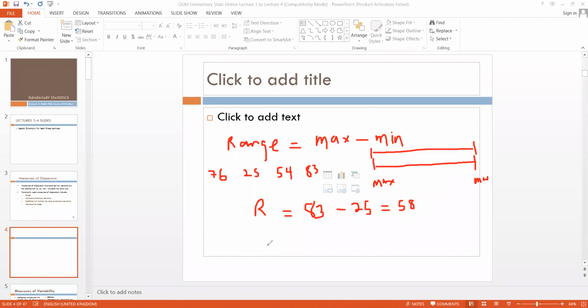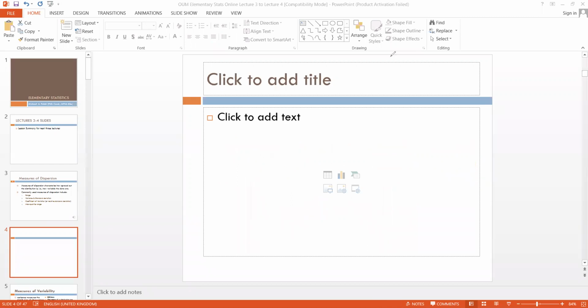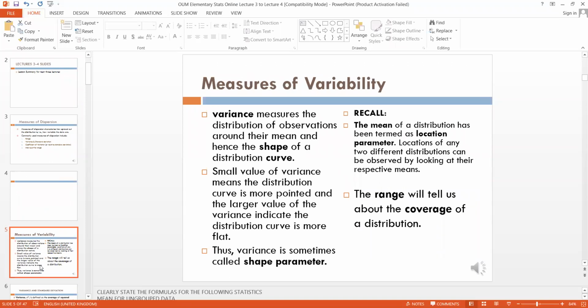The next measure of variation, a very common measure of variation for us as scientists, is the variance and the standard deviation.